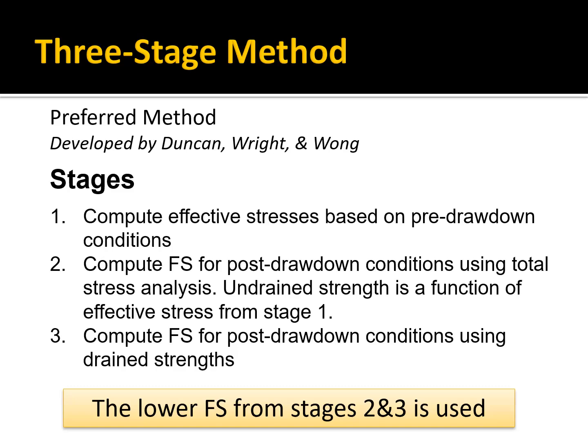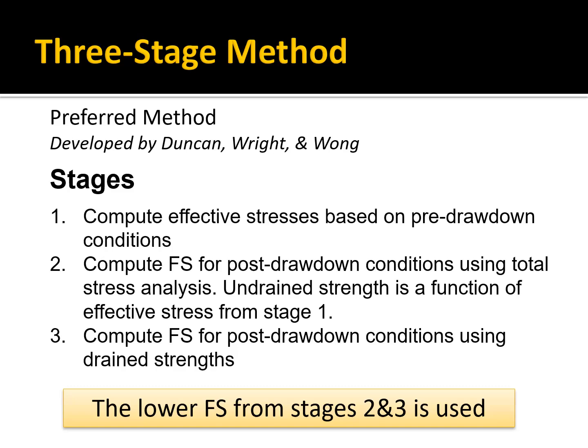Then we use those undrained strengths derived based on the effective stress at pre-drawdown conditions, and in step two we do a slope stability analysis using those undrained strengths and the condition with the water lowered in the heavy soils. We calculate a factor of safety. Then what's different about this method compared to the two-stage method is you go back and calculate the factor of safety for post-drawdown conditions using drained strengths.